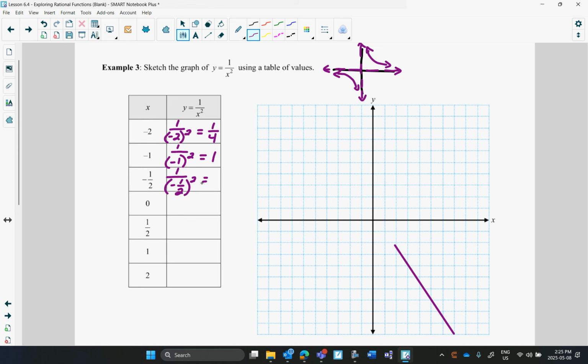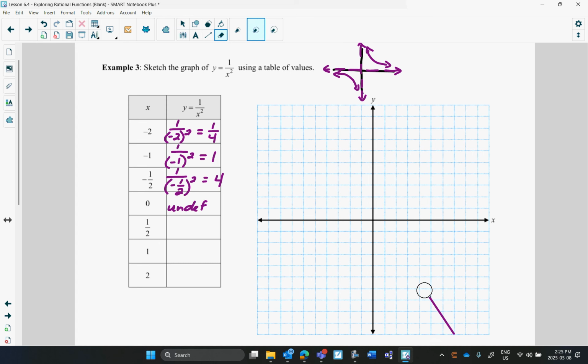And 1 divided by 1/4 is the same as 1 times 4 over 1, which is just 4. If x is 0, undefined, we can't divide by 0.